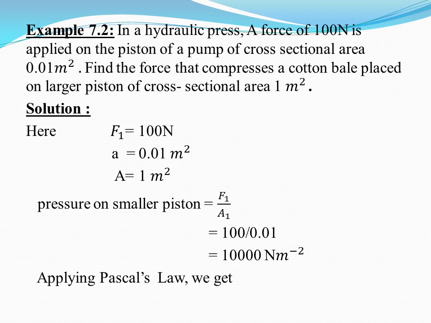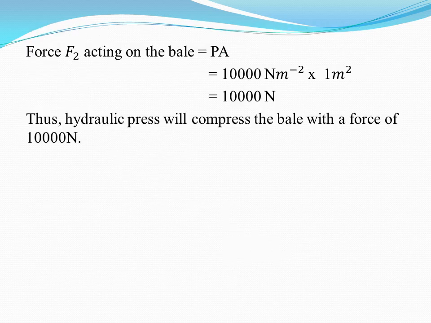Now by applying Pascal's law, force F2 acting on the bale equals PA. That is 10,000 Newton per meter square multiplied by 1 meter square. This is the value of pressure which we have derived earlier, and A is the area of the larger cross-section. So multiplying these two terms, we will get the larger force, which has a magnitude of 10,000 Newton.